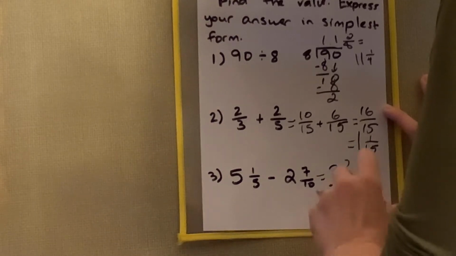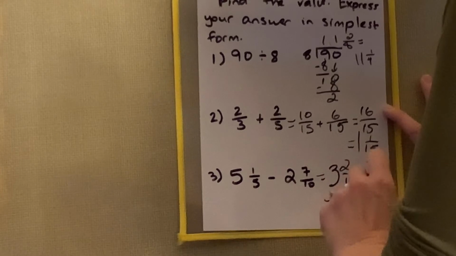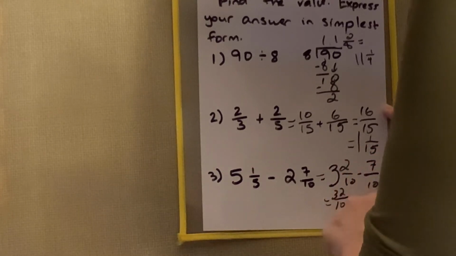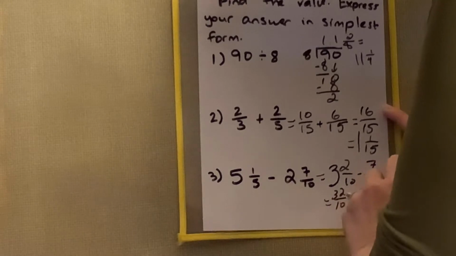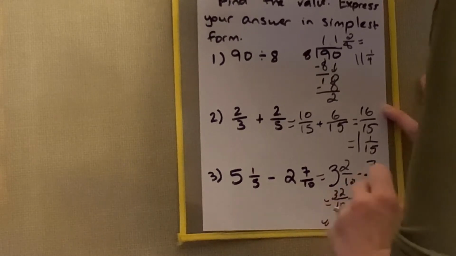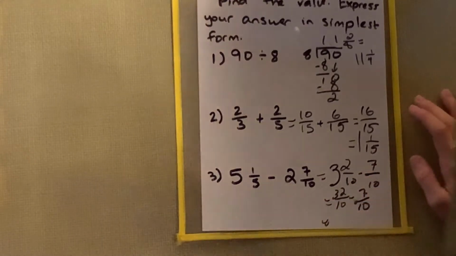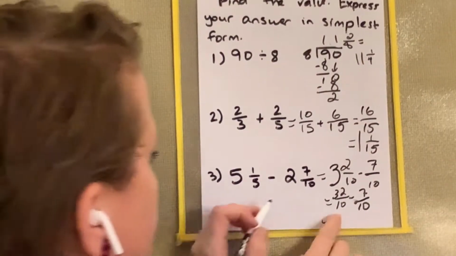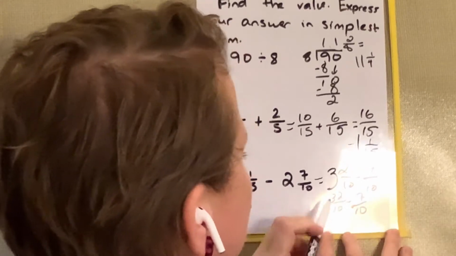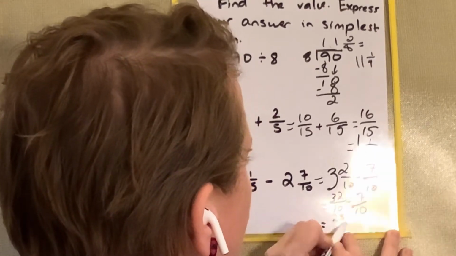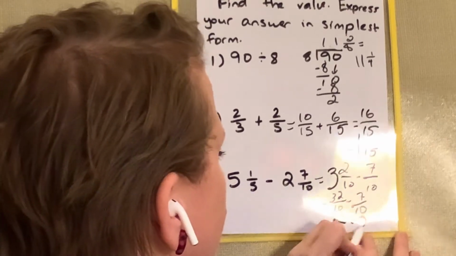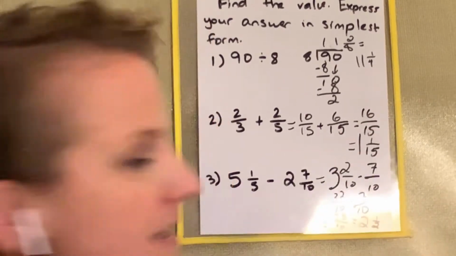So we have to make this improper. 3 times 10 is 30, plus 2, we get 32/10. 32/10 minus 7/10. Sorry, my handwriting's getting a little messy as I get further down. 32/10 minus 7/10 is 25/10, which we can make proper and simplify to 2 and 1/2.